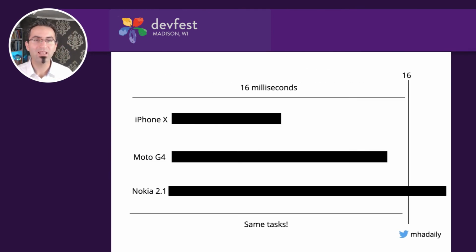So what does that mean? That means with this budget, if you run a similar task on 3 different phones with 3 different hardware specs, in one phone you may not reach the budget, but in another phone you may reach the budget or maybe overpass it.